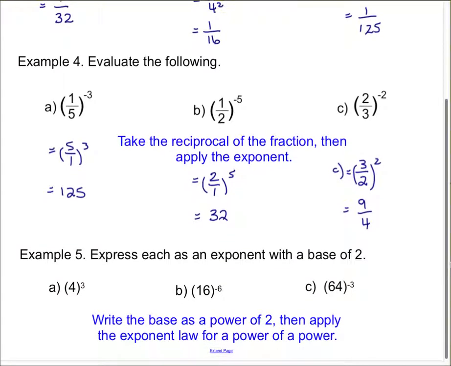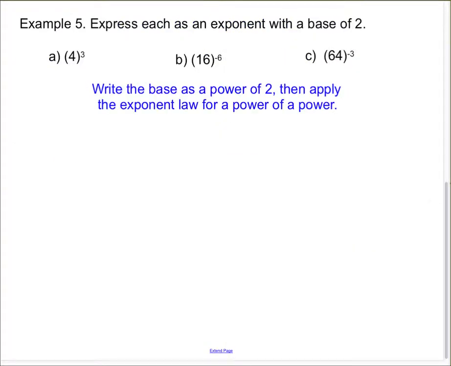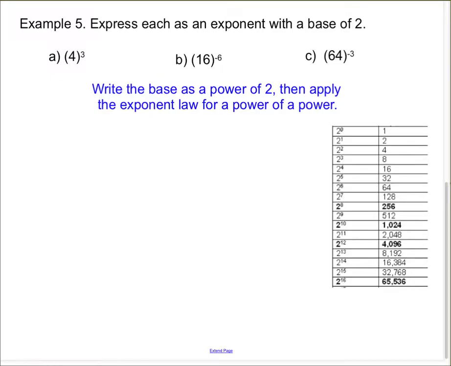And our very last example here, express each as an exponent with a base of 2. Well, we had that little list yesterday. So here's that little list again. This only goes up to 2 to the 16th. It's a slightly different list than we had yesterday, but here we can refer to that. So how do I write 4? Well, 4 is 2 squared.